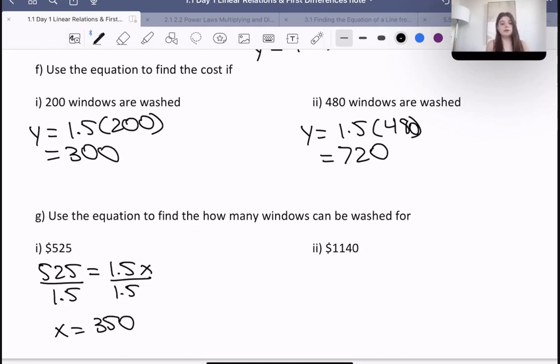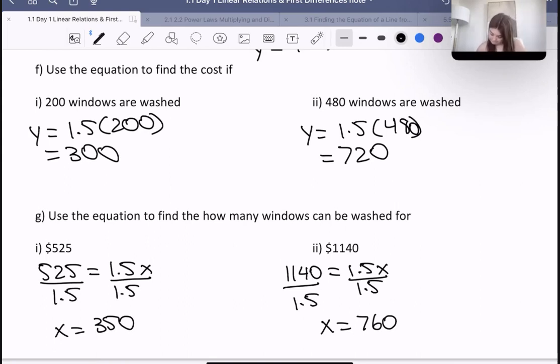Okay, very good. Now let's do the same. 1,140 is equal to 1.5 times x. If we divide both sides by 1.5, we get that x is equal to 1,140 divided by 1.5, which is equal to 760.